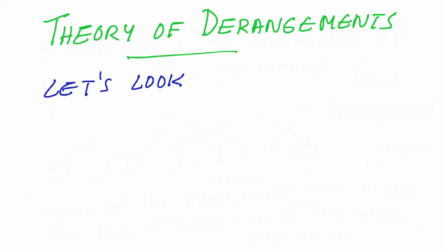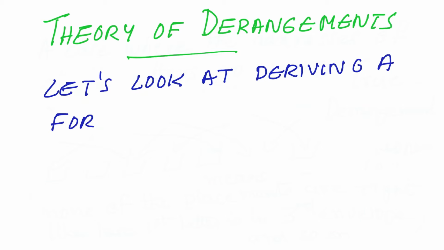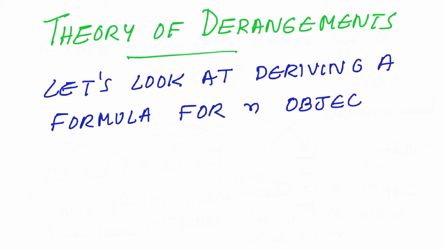Now let's look at how we can derive a general equation for derangement using a simple process, a simple mathematical thought process. And here we'll be using, of course, the case of letters.